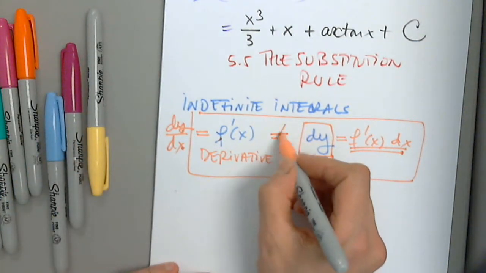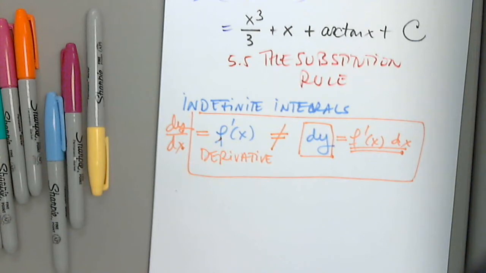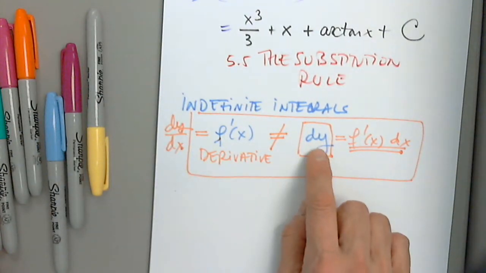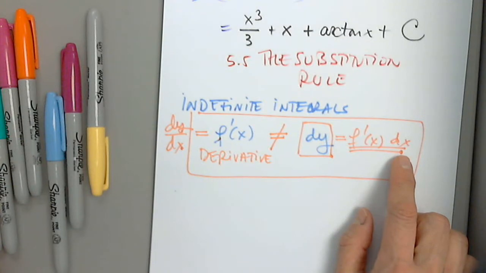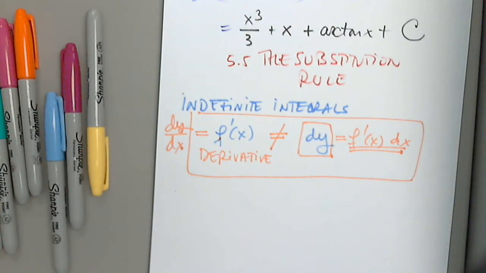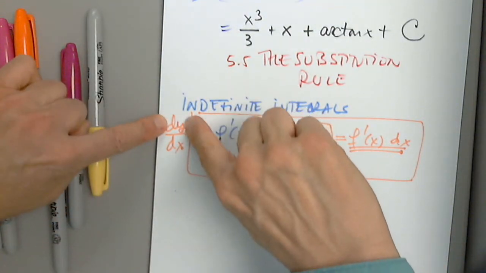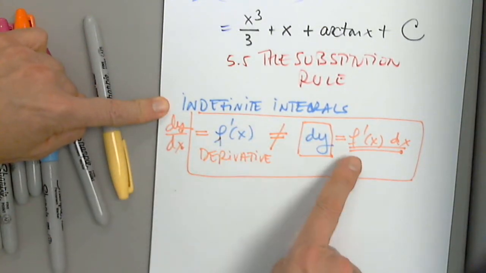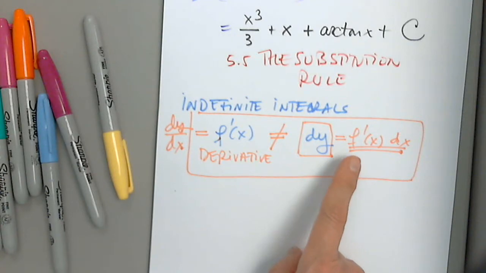But these two are not equal. I need this for the substitution rule. I need you to understand that f prime is one thing, dy over dx, but dy is f prime of x dx. See the difference? So dy is only this piece. f prime of x is the ratio. Cross multiply, you get this. Is that clear? Okay.